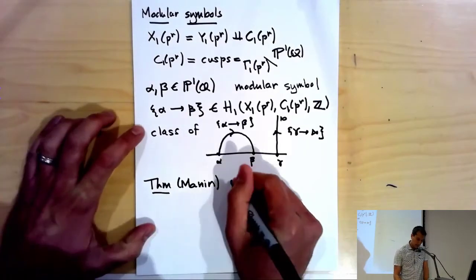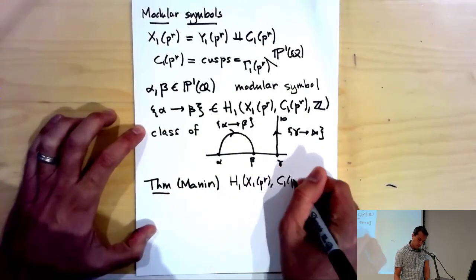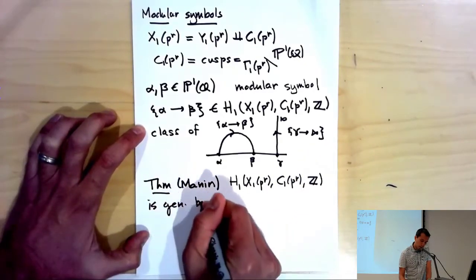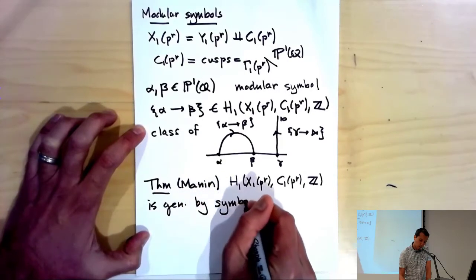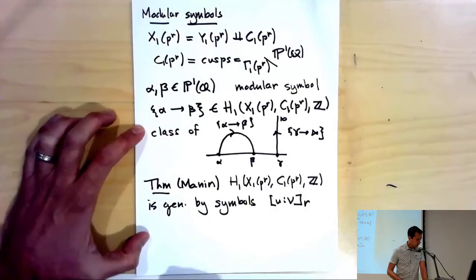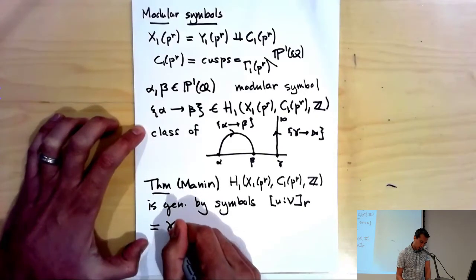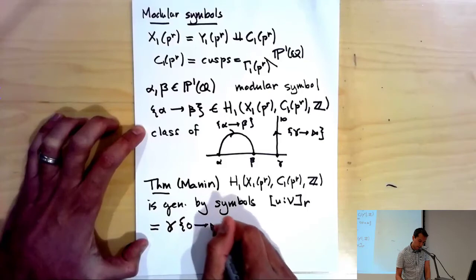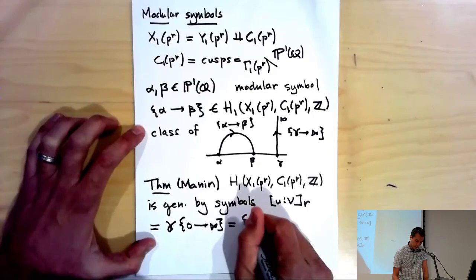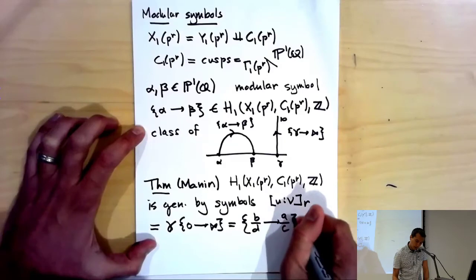So this H_1, just write the same group here again, is generated by symbols called Manin symbols, [u,v]_r, which are equal to a matrix gamma times the class of the path from 0 to infinity, thinking of acting on 0 and infinity separately. The matrix will be (A, B, C, D), so you can work out that that's {B/D, A/C}.